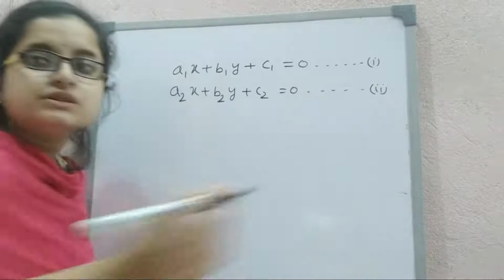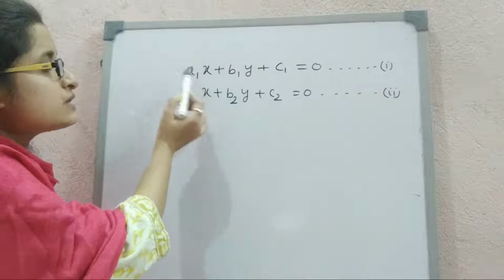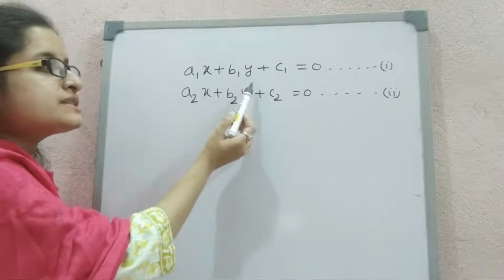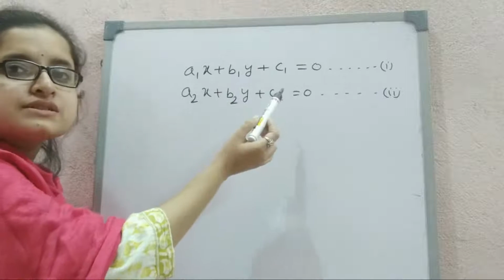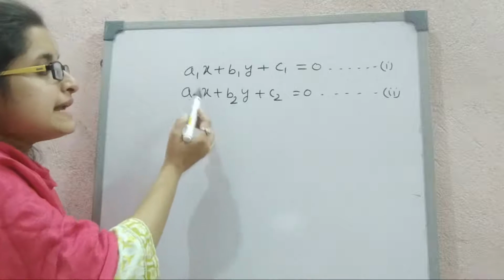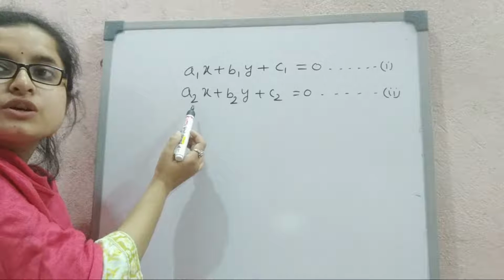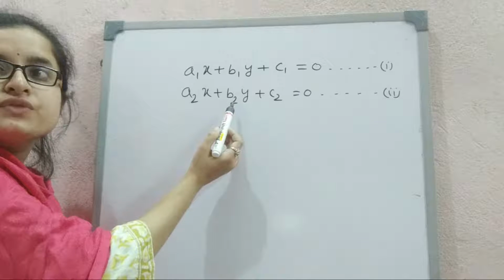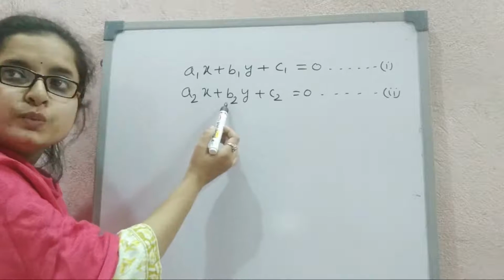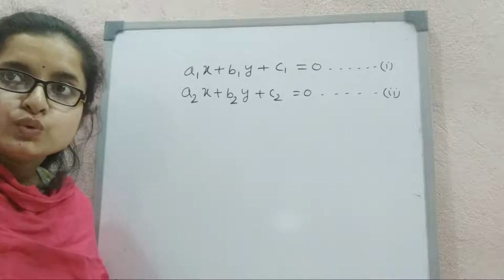In equation 1, the coefficient of x is a1, the coefficient of y is b1 and the constant term is c1. In equation 2, the coefficient of x is a2, the coefficient of y is b2 and the constant term is c2.